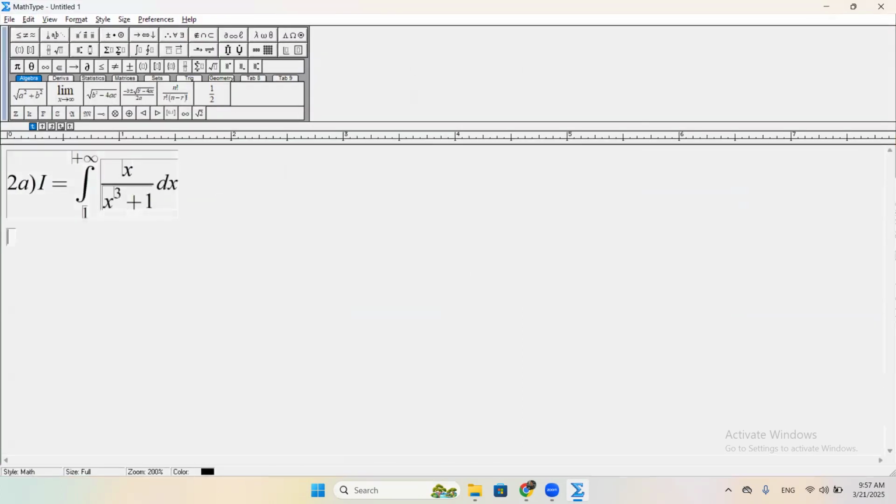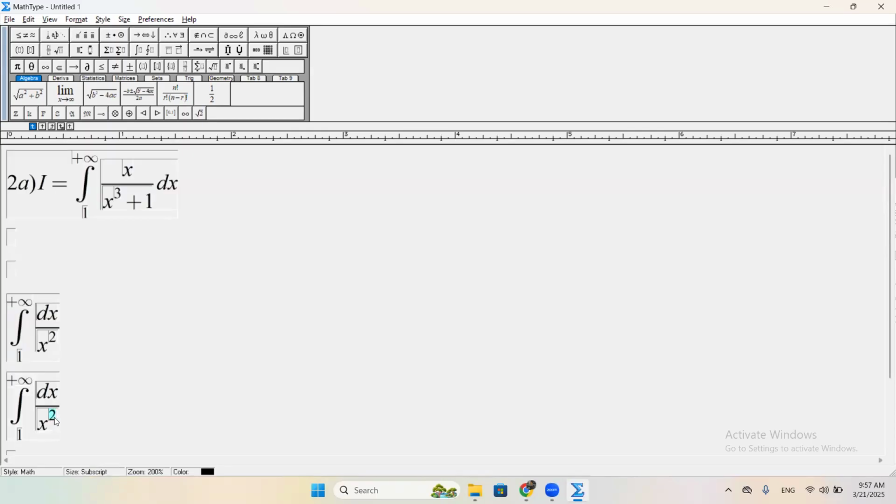So how to investigate? Let's compare with the integral that is quite similar to this integral: dx over x squared.